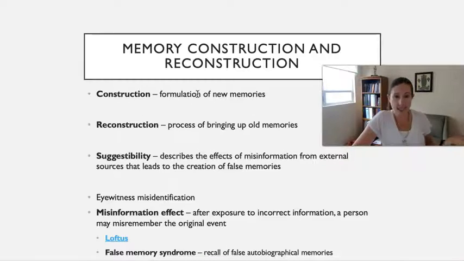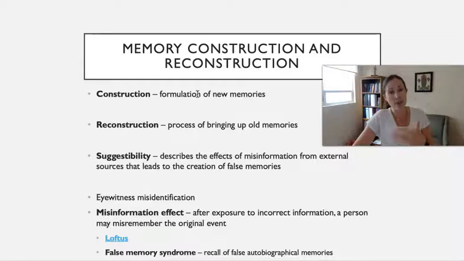It could be total accident, or it could be kind of on purpose. Suggestibility describes the effects of misinformation, the on-purpose version of changing long-term memories, from external sources that leads to the creation of false memories.